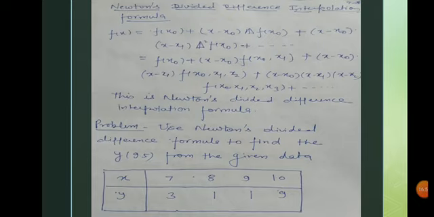So the formula is given here, which is equal to f(x) equal to f(x0) plus (x minus x0), and this is the term for the divided difference of f(x0). Okay, plus (x minus x0)(x minus x1), second time applying the divided difference formula.